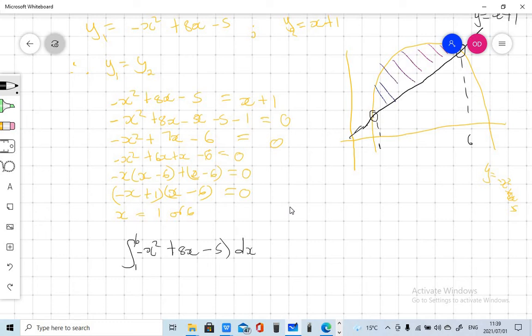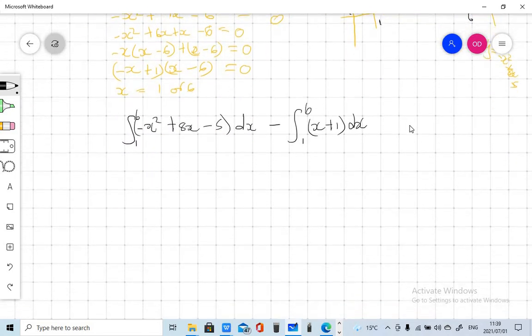We're integrating that, and then minus the integral from 1 to 6 of x plus 1 dx. That's what we're going to do now. So we're going to integrate those two and find the difference.